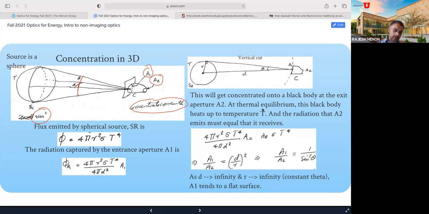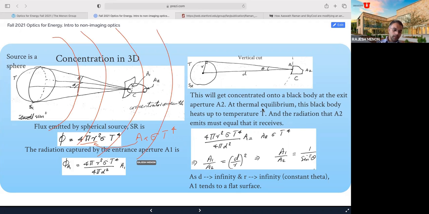Now, the flux emitted by the source, from the Stefan-Boltzmann law, is area multiplied by sigma multiplied by T to the power 4, and the surface area of the sphere is simply 4 pi r squared. It's emitting in all spherical directions. The radiation captured by the entrance aperture A1, just like before, so keep in mind that this sphere is going to emit over a huge spherical volume, but only a portion of it is captured over here.